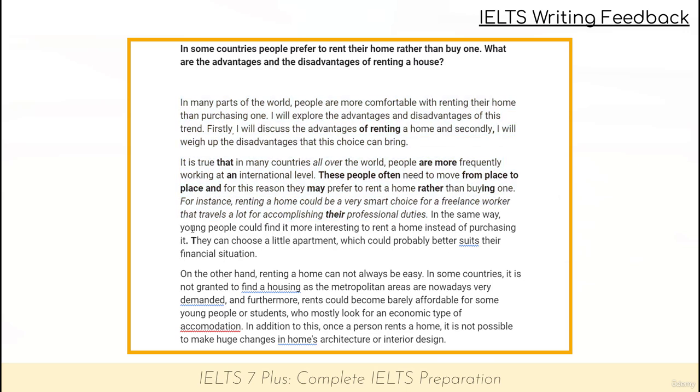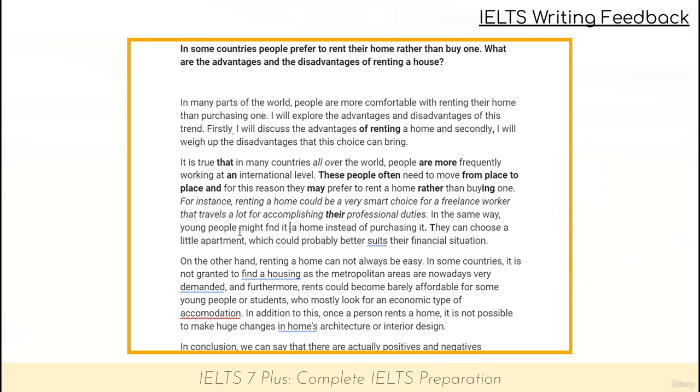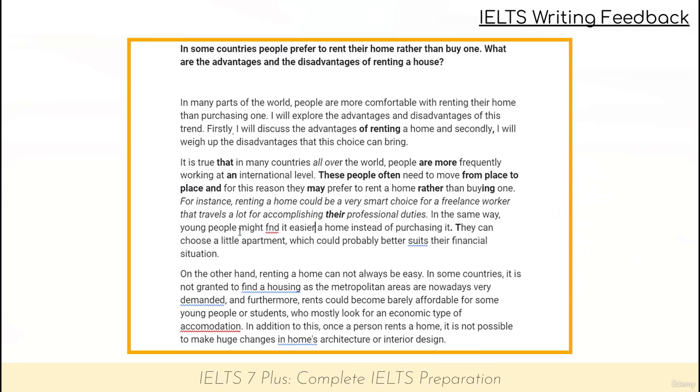In the same way, young people could find it more interesting to rent a home instead of purchasing one. In the same way, young people might find it easier to rent a home instead of purchasing it. So I'm not using any crazy language here. I'm just simply changing that language.